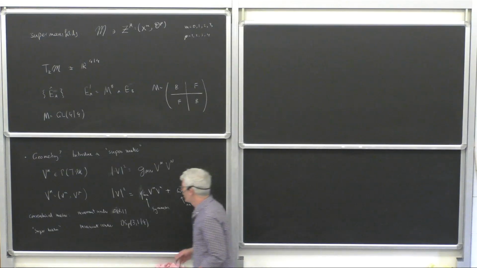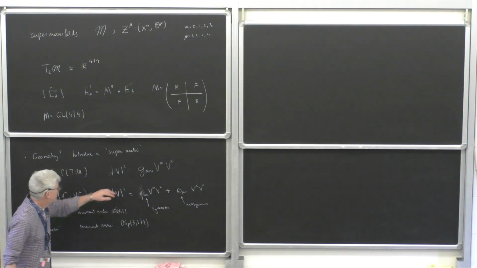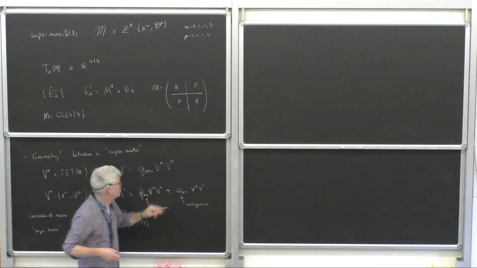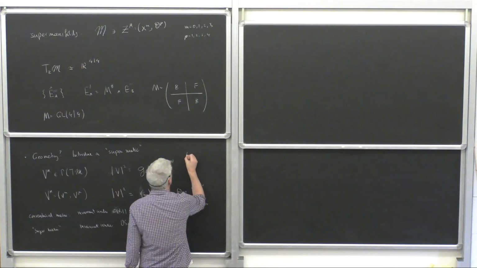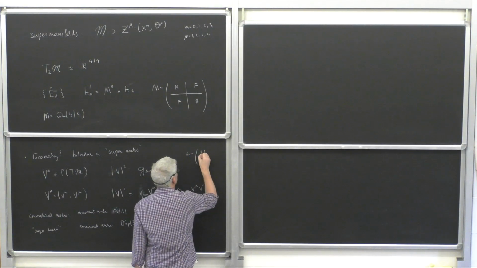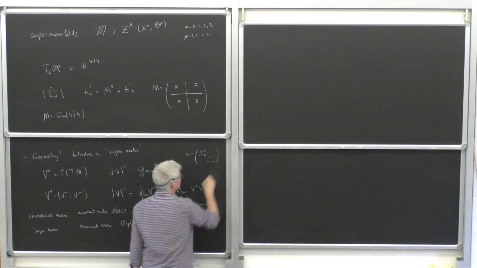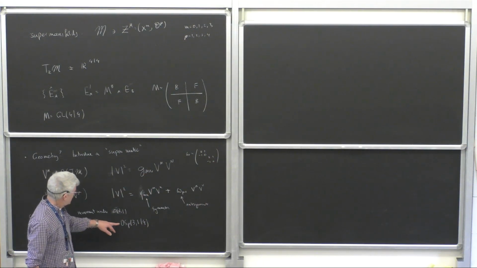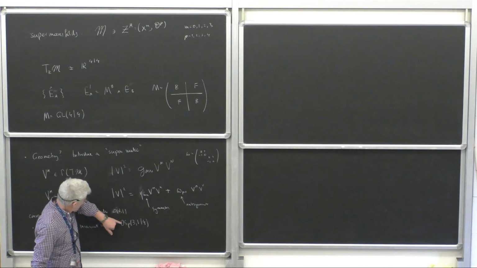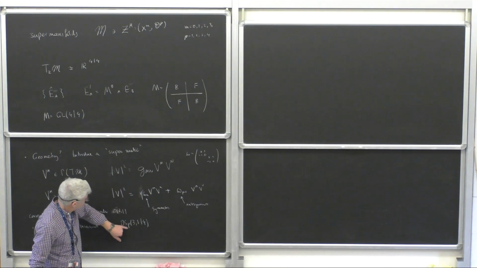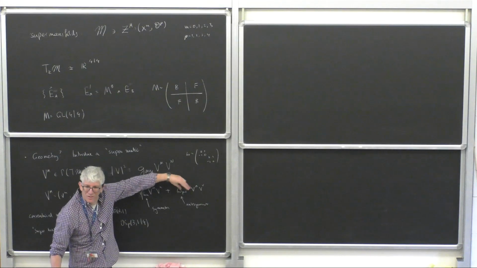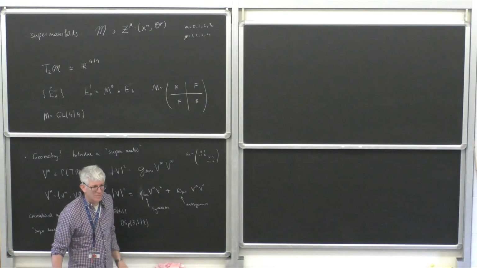What I want to stress is that this might be the standard Minkowski metric, and I could choose omega to be something like 0, 1, minus 1, some standard form. It's going to be this OSp, orthogonal symplectic, and the symplectic is because it's preserving this anti-symmetric thing on this part rather than a symmetric thing.